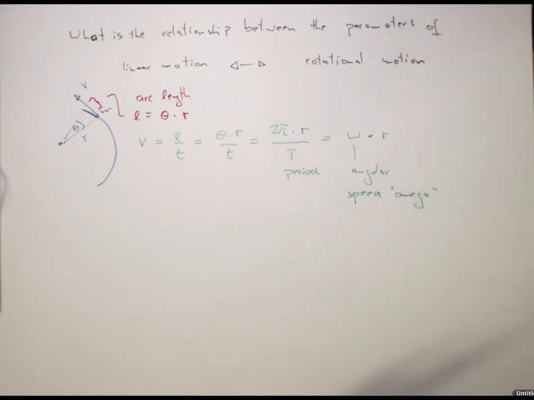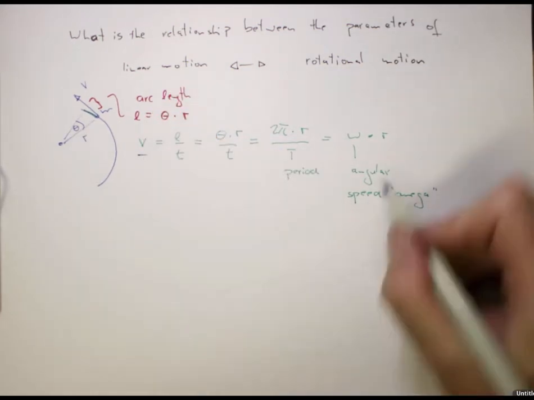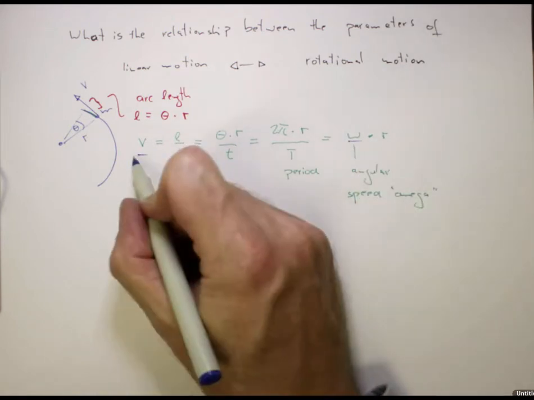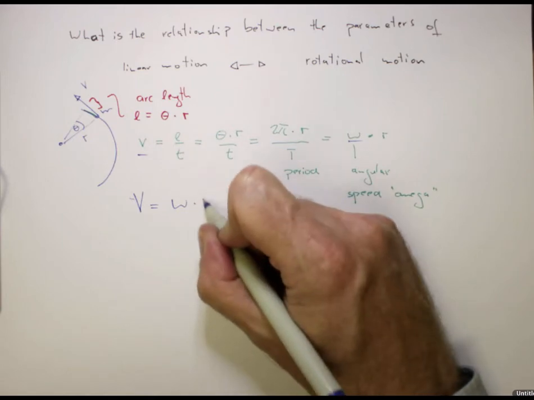So now we have the relationship we are after, at least for the case of linear speed and angular speed. v is equal to omega times r.